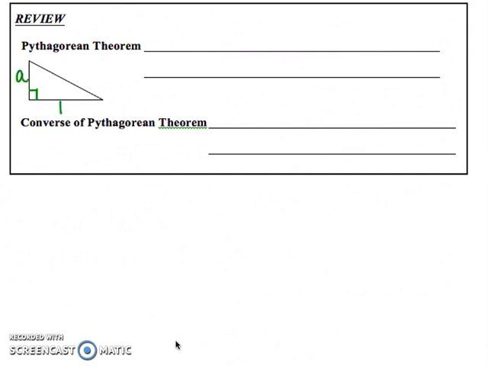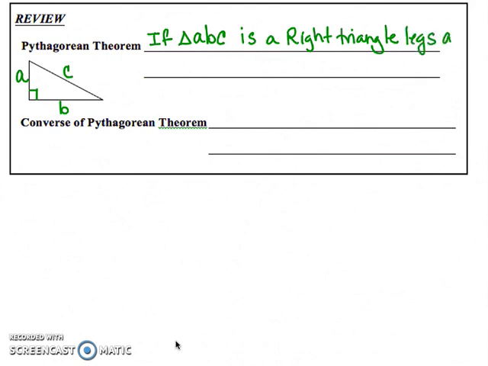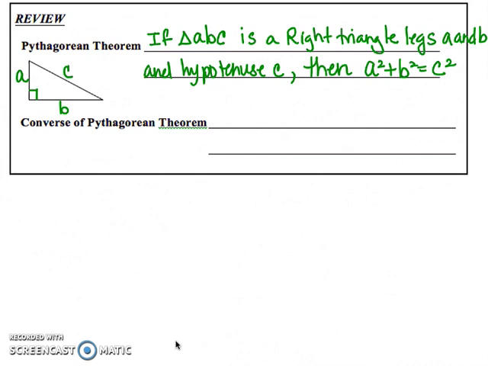We will call the legs A and B, and we will call the hypotenuse C. The Pythagorean Theorem says, if triangle ABC is a right triangle with legs A and B, and hypotenuse C, then A squared plus B squared equals C squared.